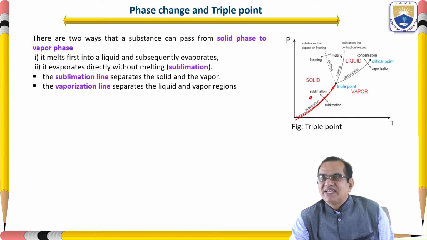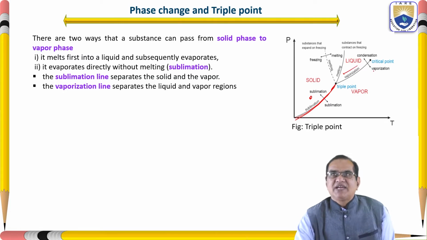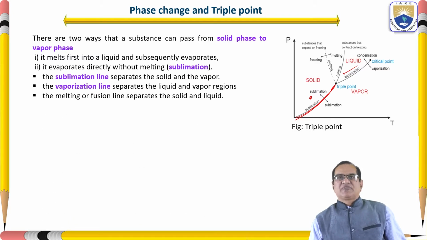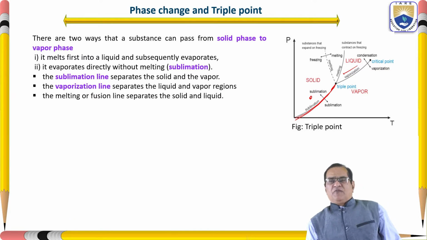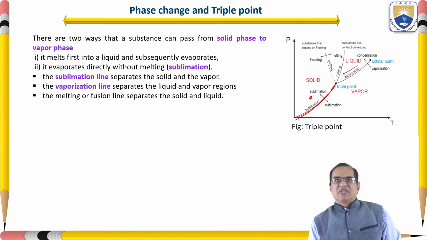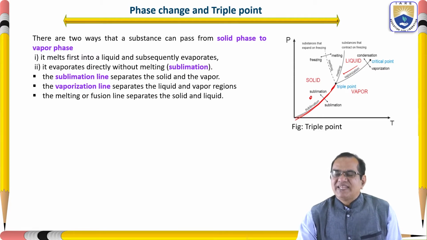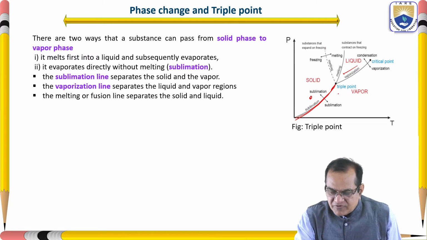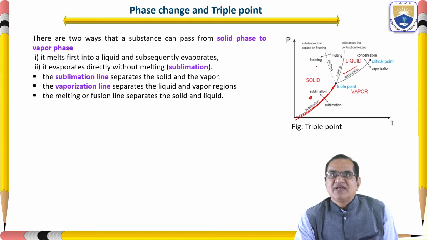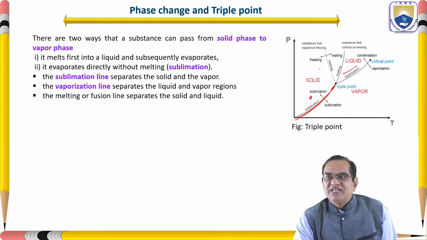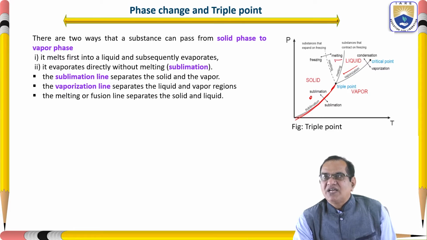This vaporization line differentiates between liquid and vapor. The melting or fusion line separates the solid and the liquid. So the melting or fusion line is here. This is the melting or fusion, from solid to liquid.